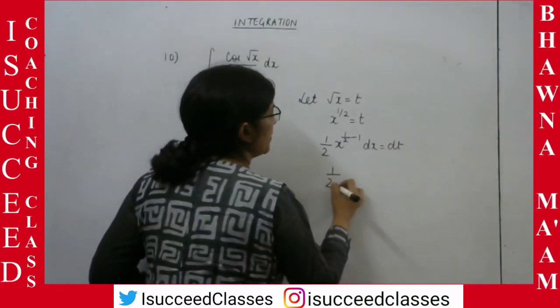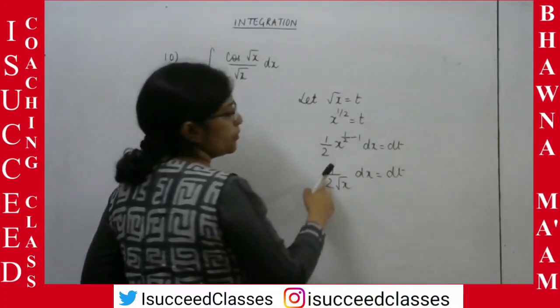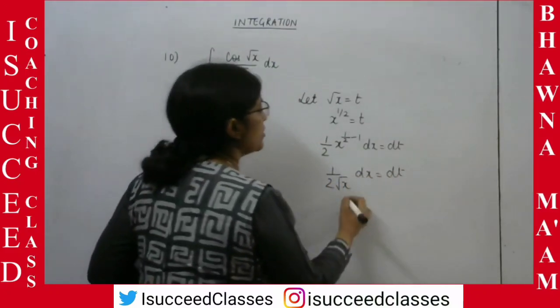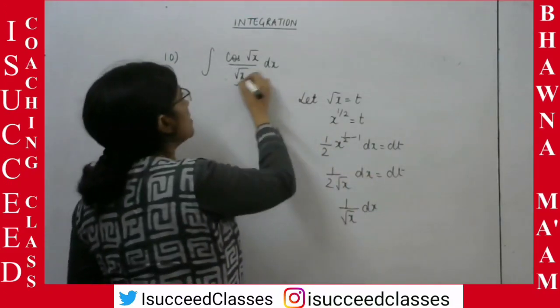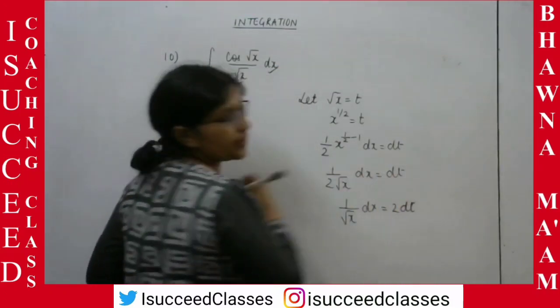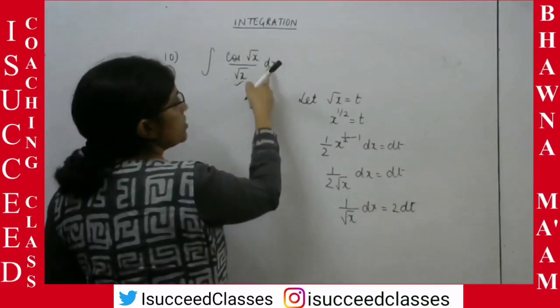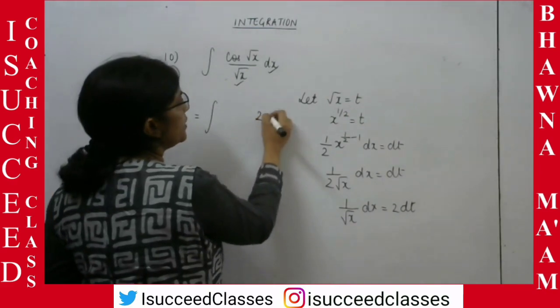Simplifying this, you will get 1 upon 2 root x dx is dt, or otherwise, because in the integration you see, we don't have 2, so we have to take this 2 on the other side. So this 1 upon root x dx is going to become 2 dt.